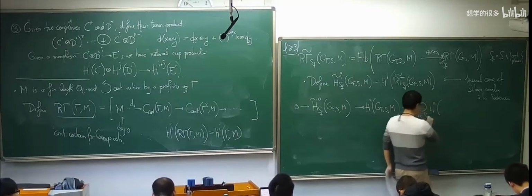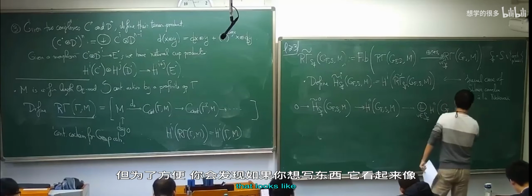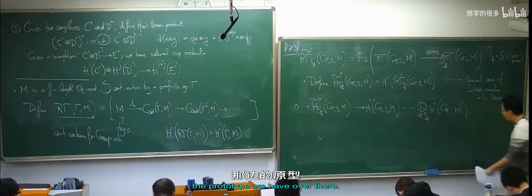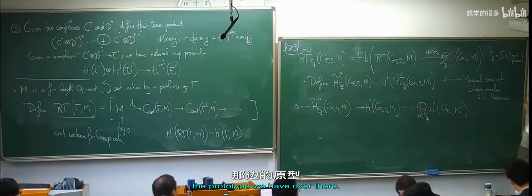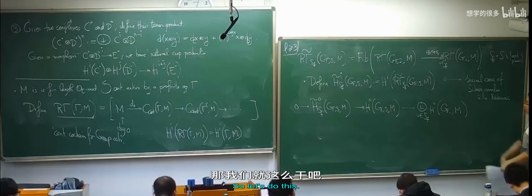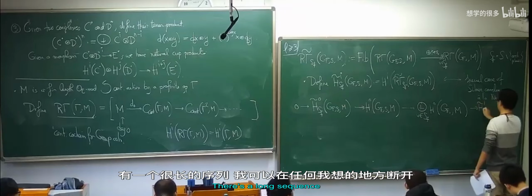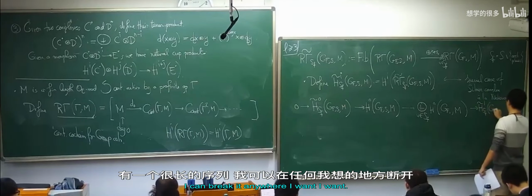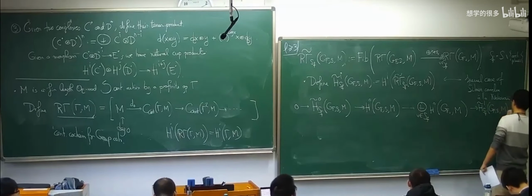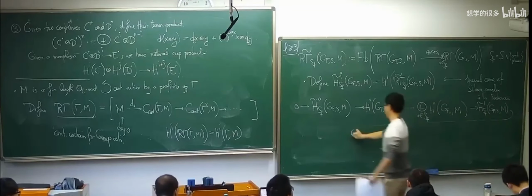But for our convenience, if you want to write things that look like the Poitou-Tate exact sequence we have over there, so let's do this. So long as that sequence, I can break it anywhere I want. Right? H1 goes to, looks like H1.